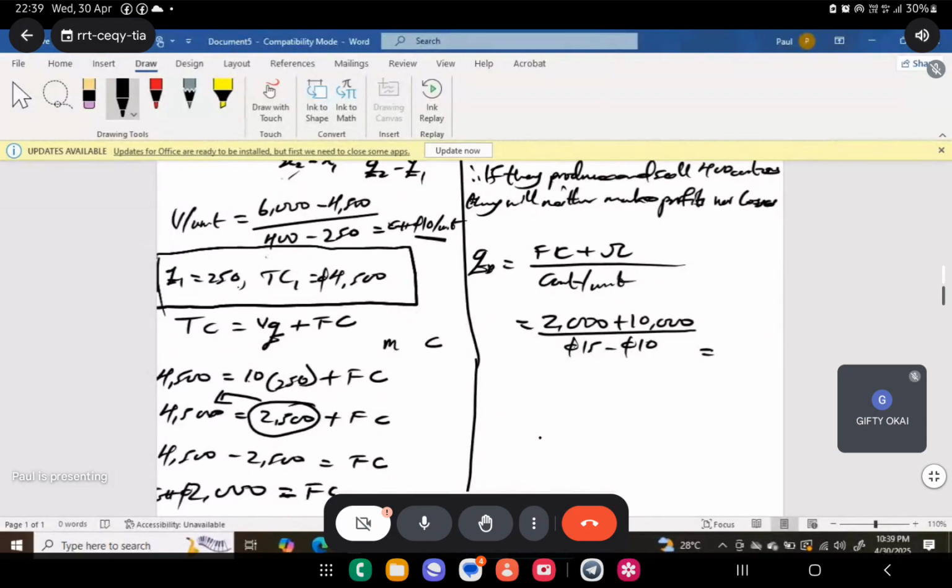We get 12,000 divided by 5. That's 2,400. So to target a profit of 10,000, we have to produce 2,400.